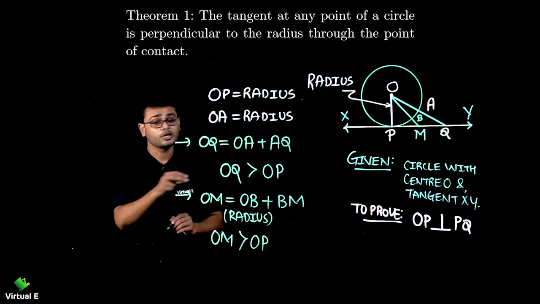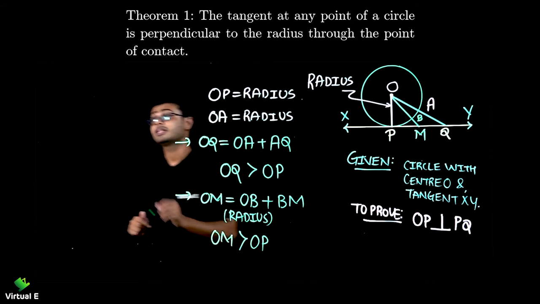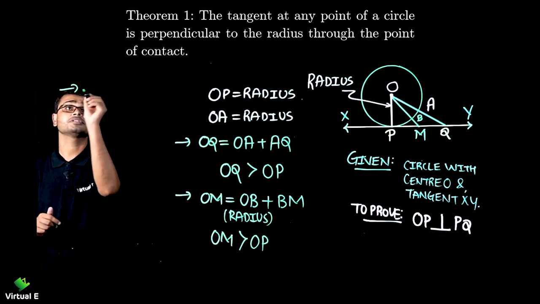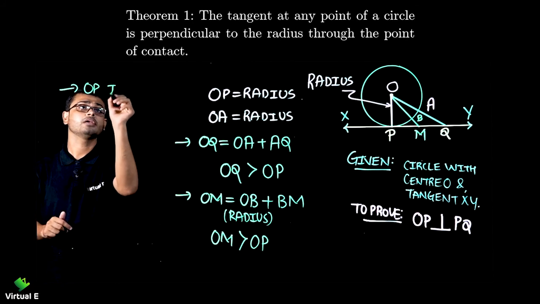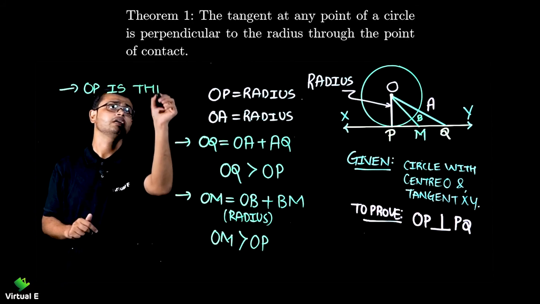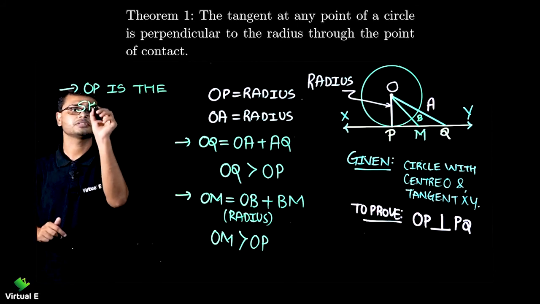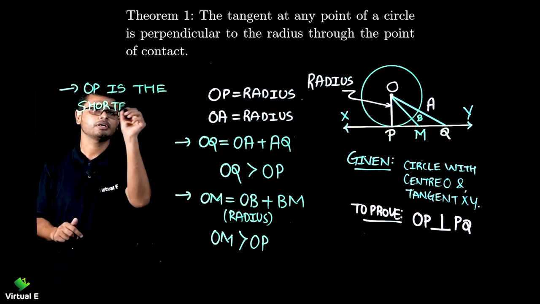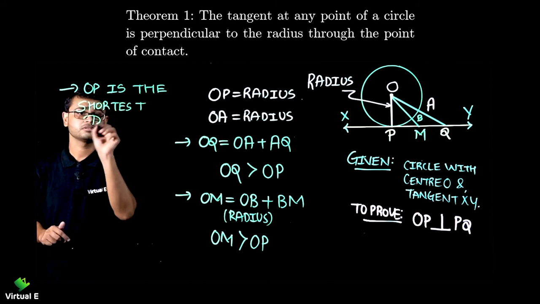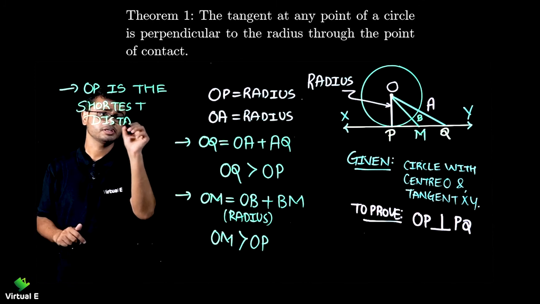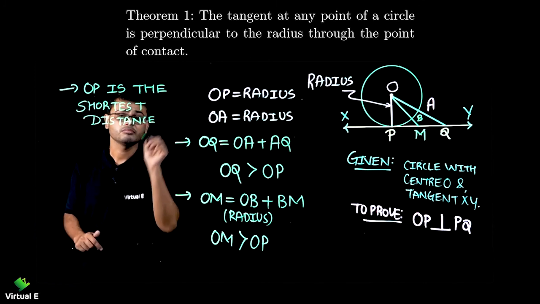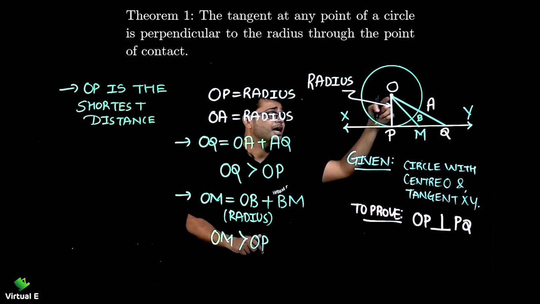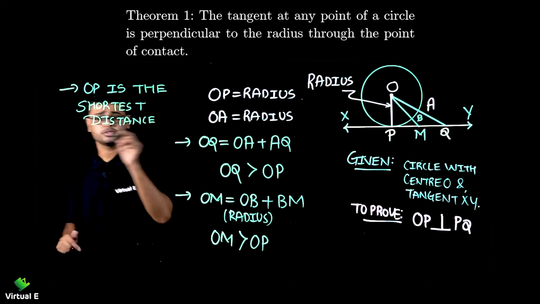So what is my conclusion when I see these two equations? That OP is the shortest distance between center and the point on the tangent.